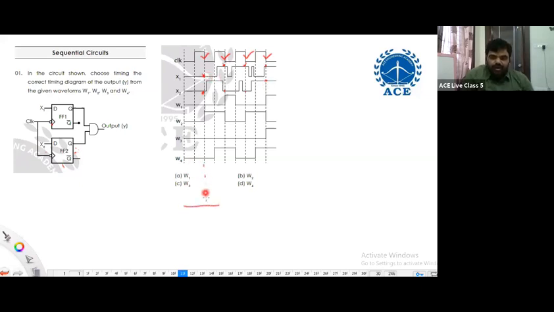At this negative edge, when you are observing AND gate output, 0, 0, AND gate output is 0. Again 1, 0, AND gate output is 0. Again 1, 0, AND gate output is 0. At this negative edge, as both are becoming 1, 1, output is becoming 1. Output Y. So answer is C.